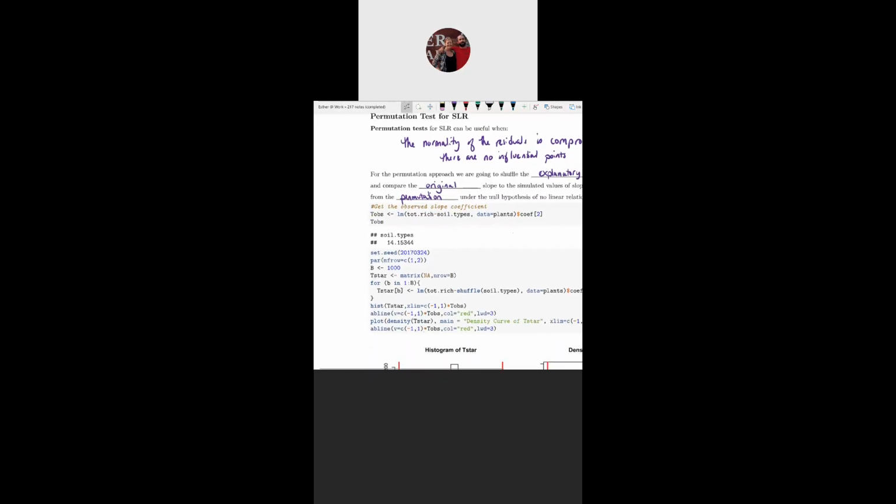So looking at the code here, what we have is our T-obs. There's our linear model. Remember that this $sign, coef, and then 2 in brackets is just telling R that we want to only pull the slope coefficient. So being very specific about that.